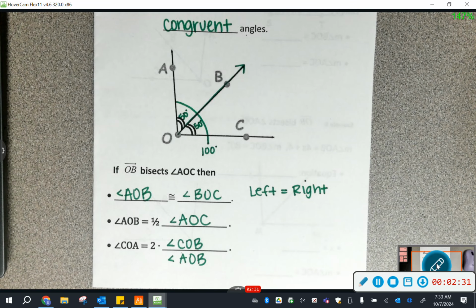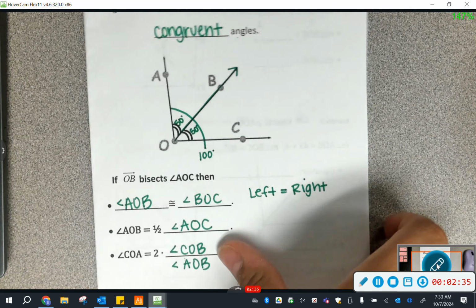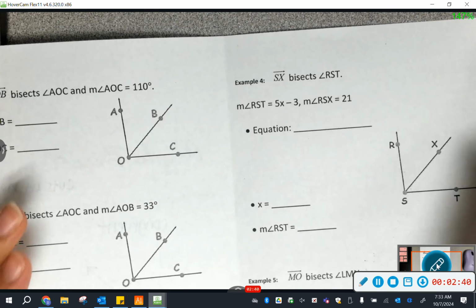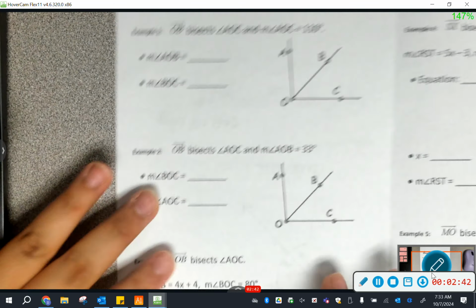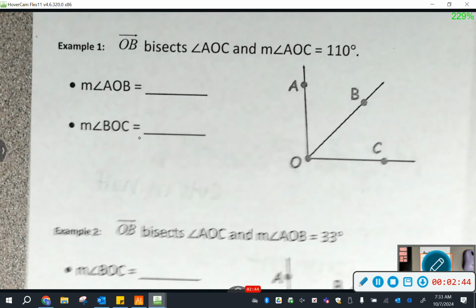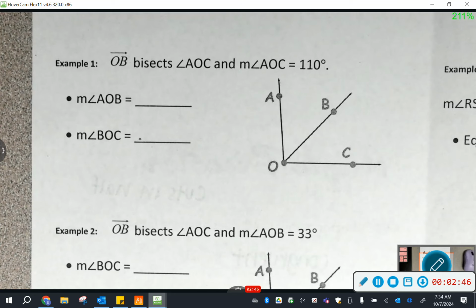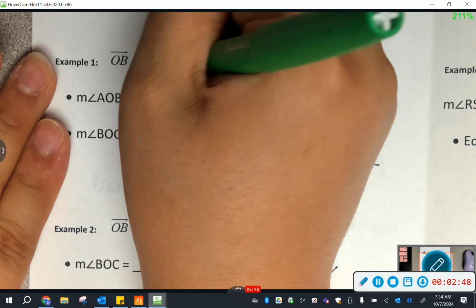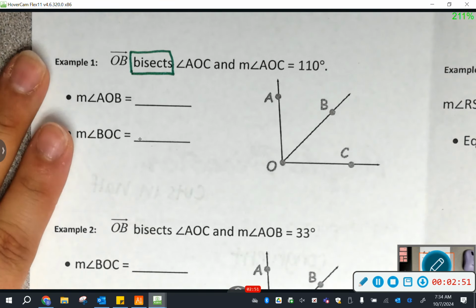So let's open up our notes and let's do some examples. We have 5 examples today. Okay, if it says this word bisects, everybody box the word bisects.